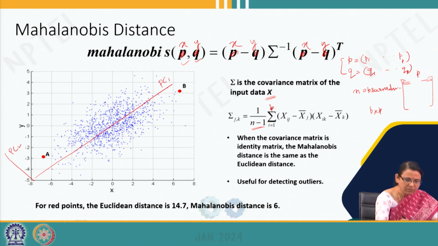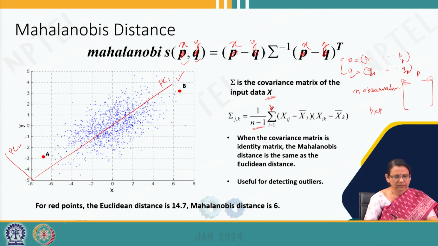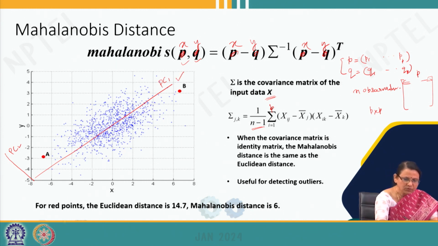Now, if we look at these points from the perspective of these principal components, their maximum variability will be captured on this PC1. As a result, the points will have different representations, different values in terms of this new axis.